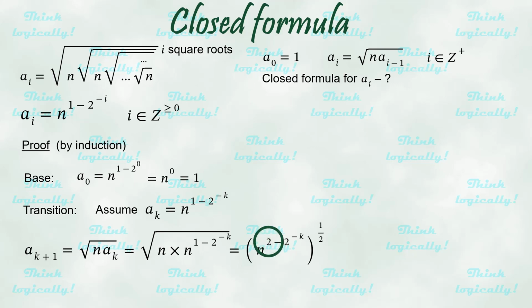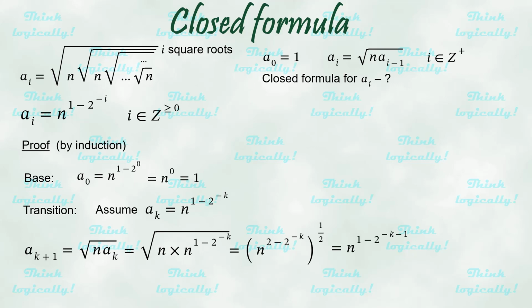Half of 2 is of course 1, and we also need to multiply 2 to the power of negative k by a half. Given that half is 2 to the power of negative 1, this means adding negative 1 to negative k. Therefore, the result is n to the power of 1 minus 2 to the power of minus k minus 1.